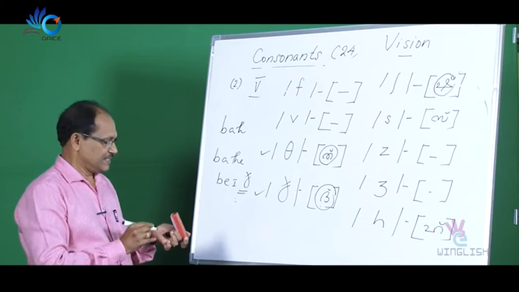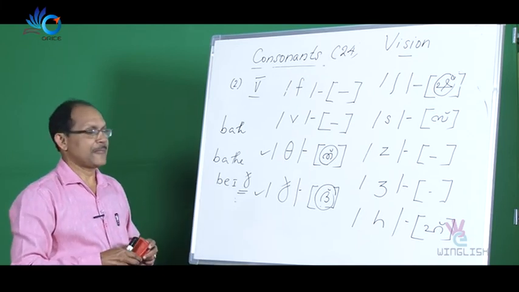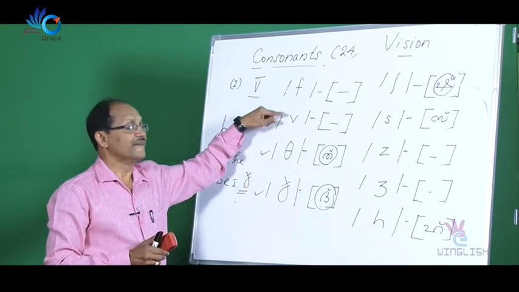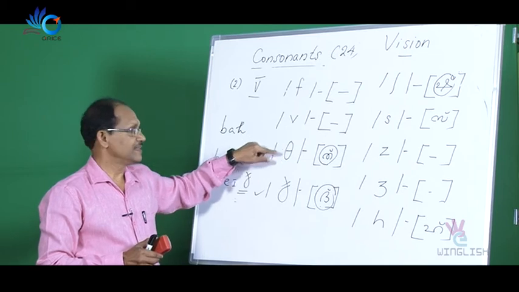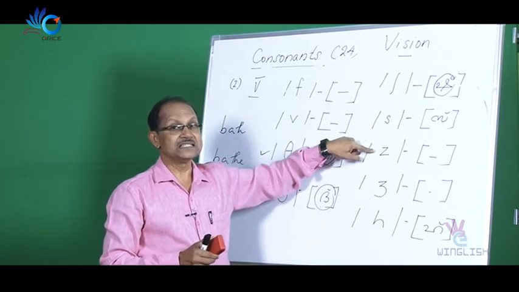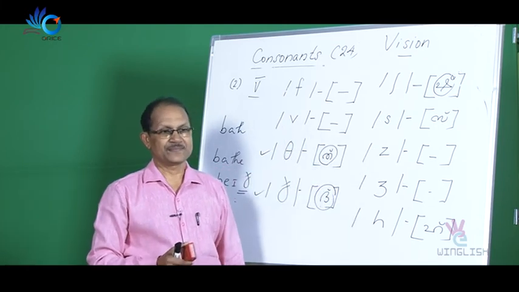Okay. So, this is the fifth group. Sounds again, f, v, f, z, ch, s, z, j and h. All right.